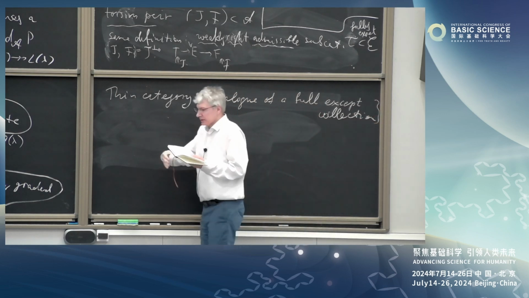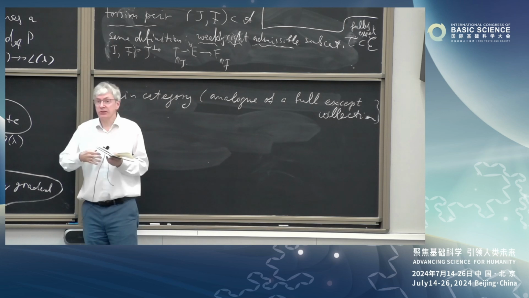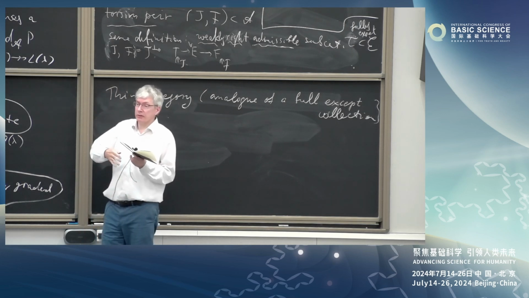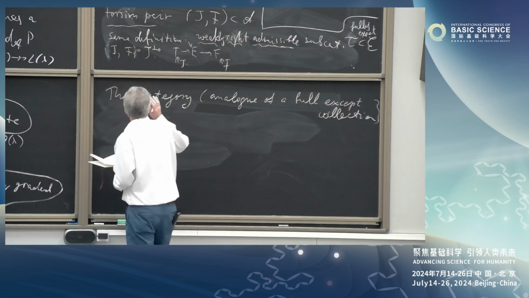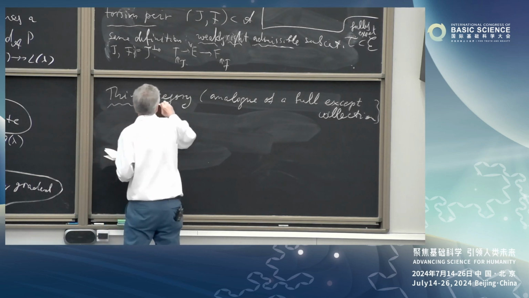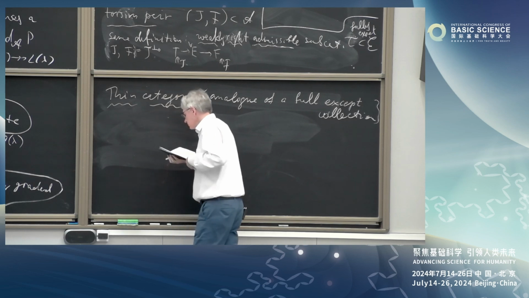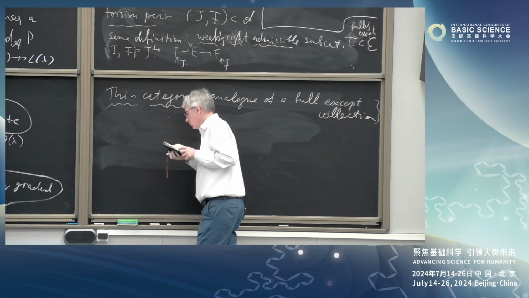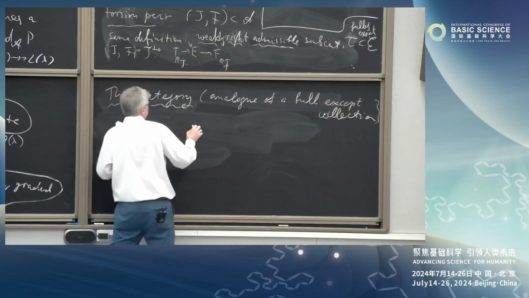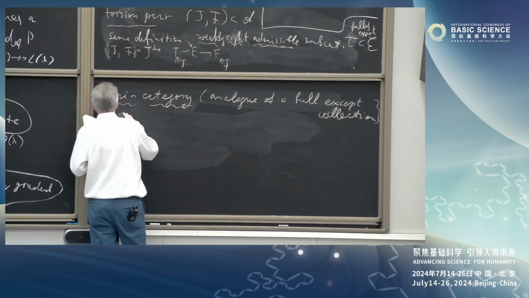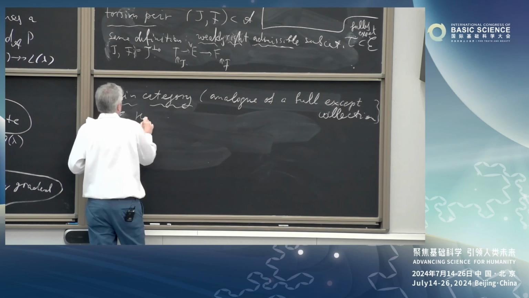What is an exceptional collection? It's just a collection of objects, actually a sequence of objects, and you can define some filtration with respect to this sequence. So this thin category will be defined by means of some filtration. Assume E is Ext1 finite.